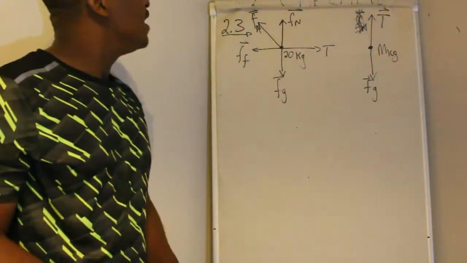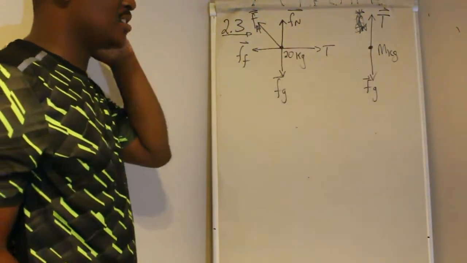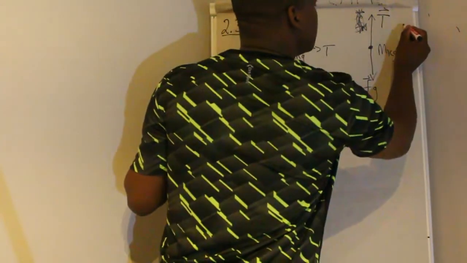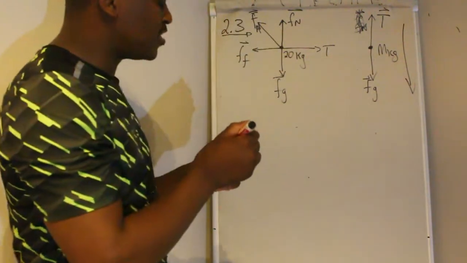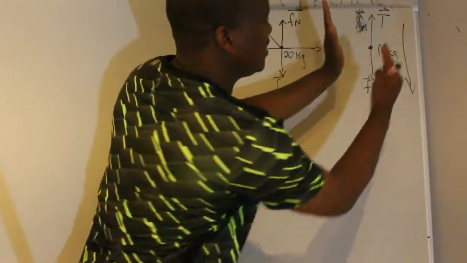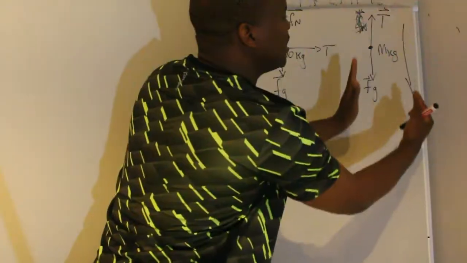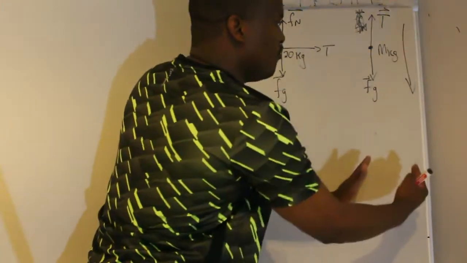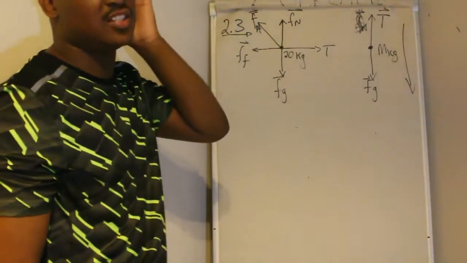So let me continue. This free body diagram is nice because this object is moving downwards, as I said there. So all the forces are either parallel, which is similar orientation, to the direction of movement, or perpendicular, but we don't have any perpendicular forces.